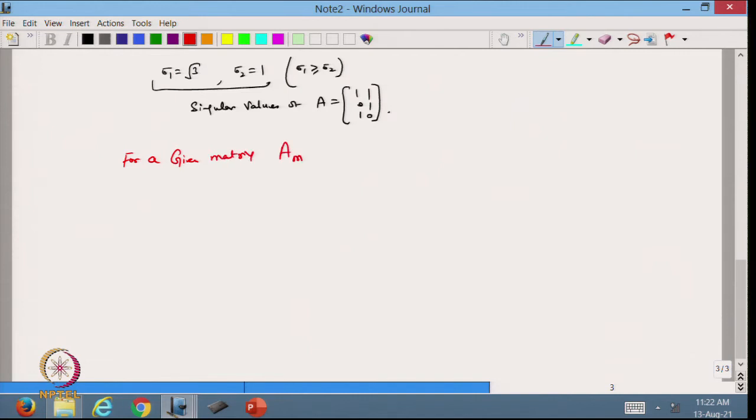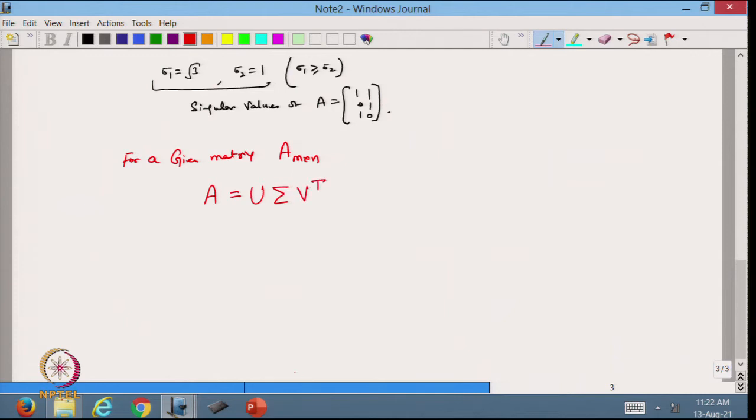A, that is M cross N, we can decompose this matrix A into the form U, capital sigma, and V transpose.